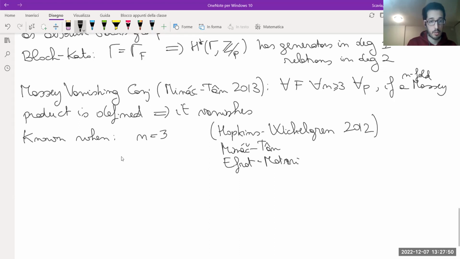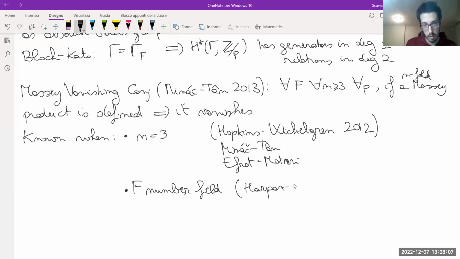Okay, and then the other important result is the case when F is a number field. And this is due to Harpaz-Wittenberg. I didn't write down the reference.